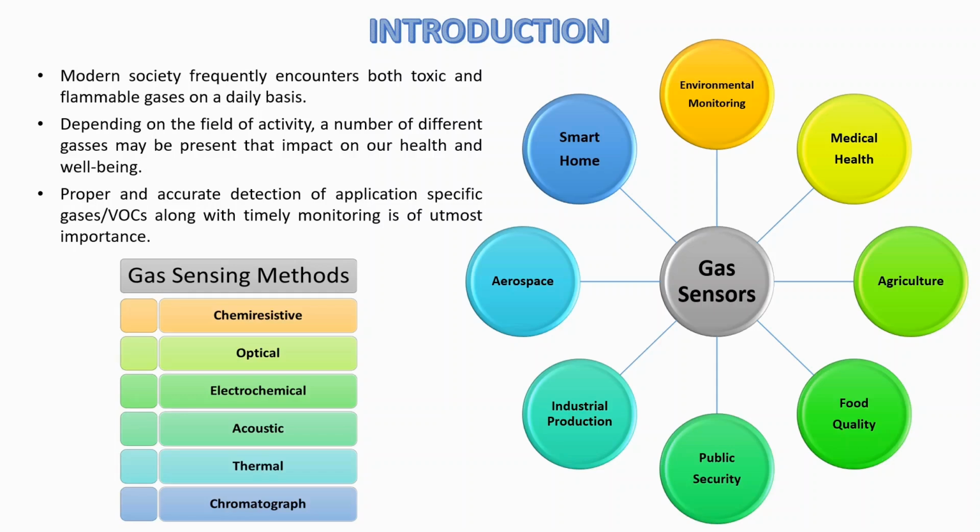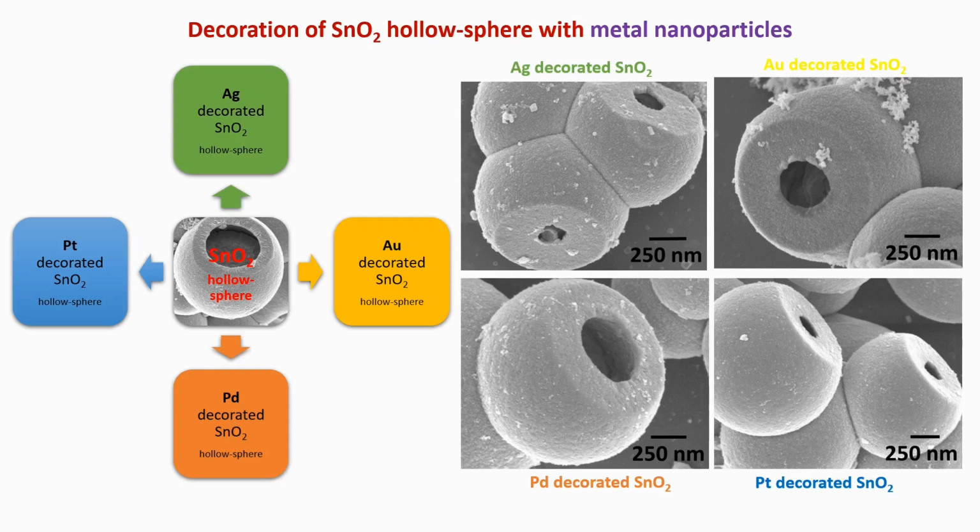So different sensing methods are there. We have utilized the chemi-resistive one as it is very low cost, simple, economic, and has easy chip-level integration. We have utilized metal oxide based sensors, particularly tin oxide hollow sphere based structures that were further modified with metal nanoparticles including silver, gold, palladium, and platinum.